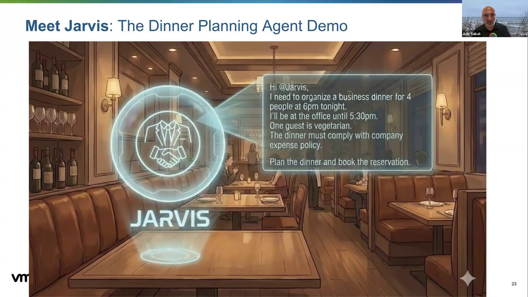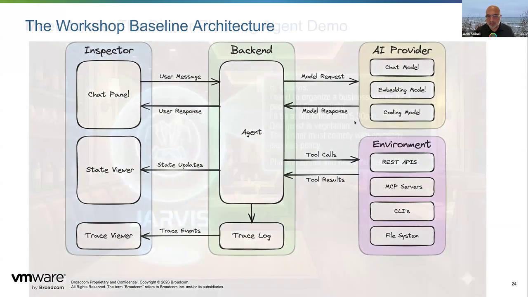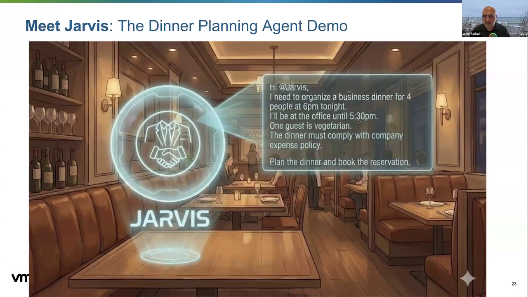Like how is this agent going to know where Adib is going to be at 5:30 so that it figures out to get a restaurant within travel time allowance. It also says it must comply with company expense policy. Well, what's that? Is that like $50 per person, $500 per person? Who knows? So part of working with these agents, or building them, is to actually get them to figure out what is the user trying to do, what the human wants.